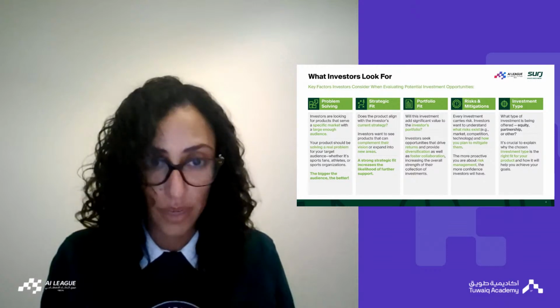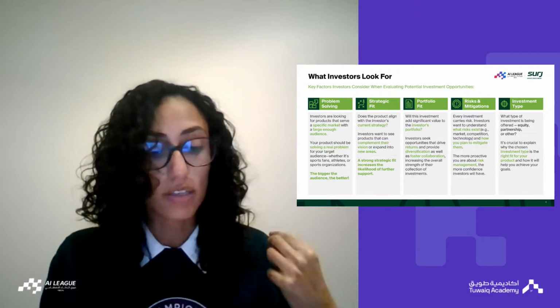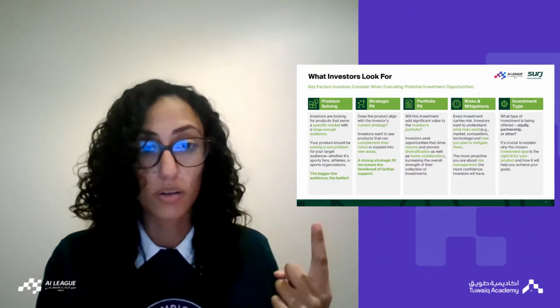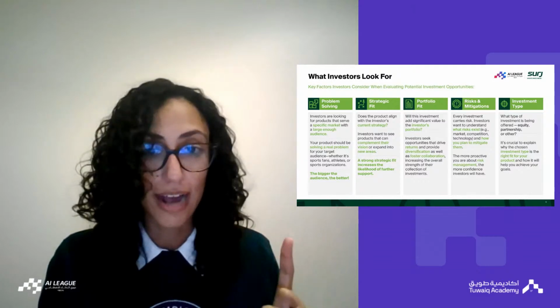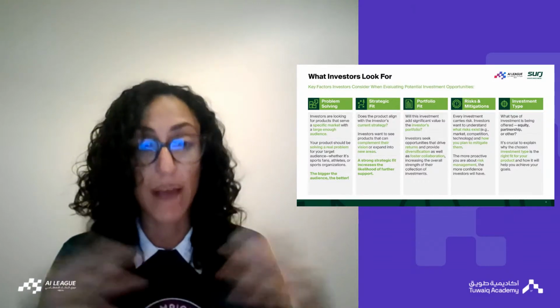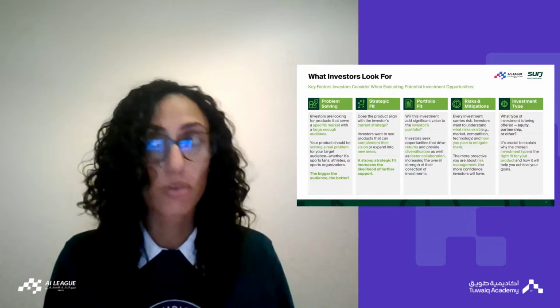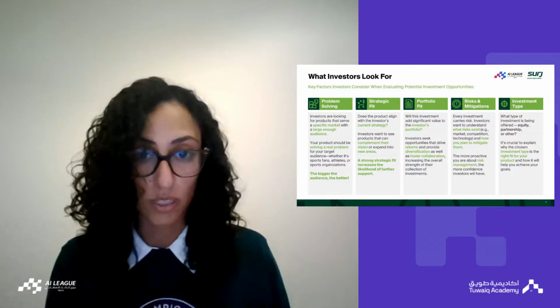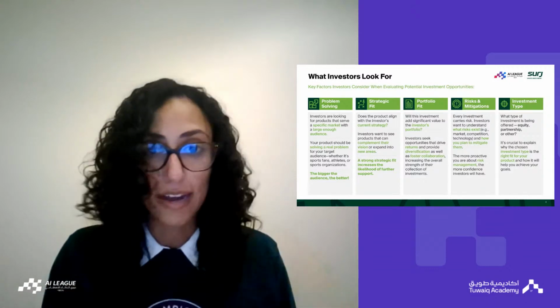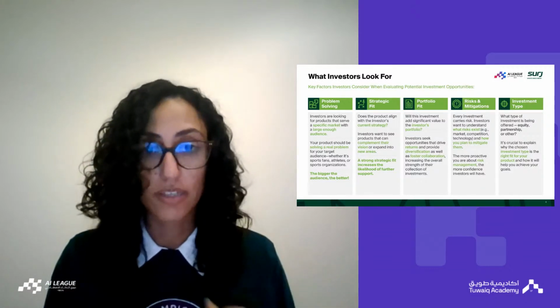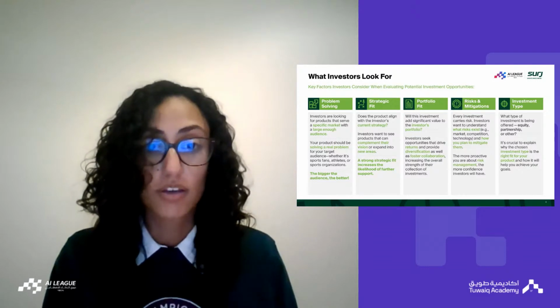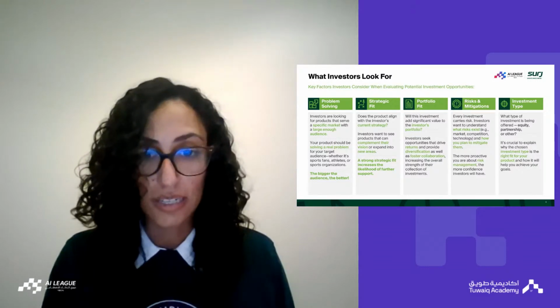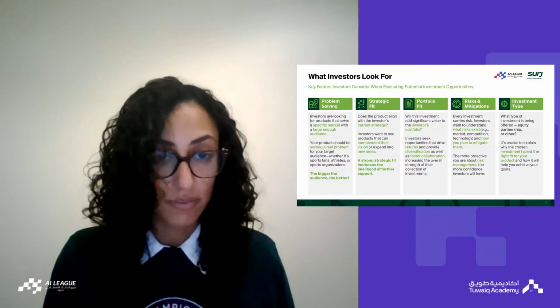Solving for a problem means that it's not just a single user or single client that has this problem, but en masse, every sports rights holder or every sports broadcaster, whomever your target audience is, that same problem comes up across every stakeholder. And that, again, requires a lot of research. But at the end of the day, if you're solving for a problem, you're more likely to succeed. And the bigger the audience you have to solve that problem for, the better.